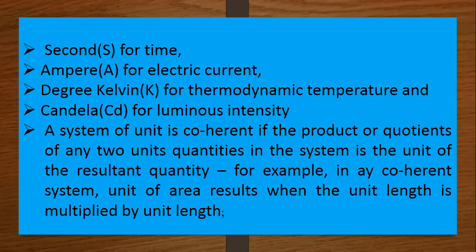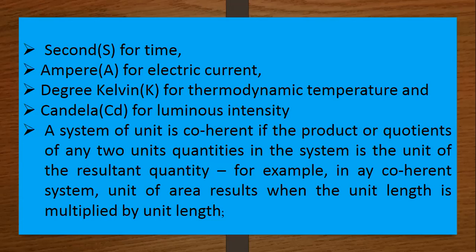See, for a single unit for length, you know, meter. Suppose length is multiplied by length, what will you get? Area. What is the area unit? Square meter. So that is the meaning of this sentence.